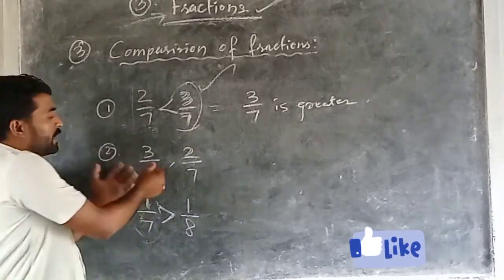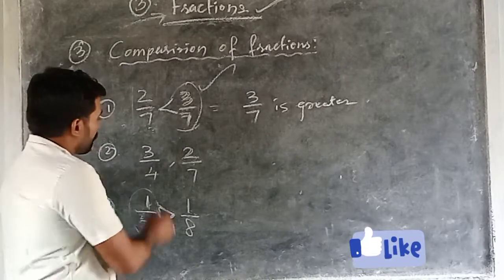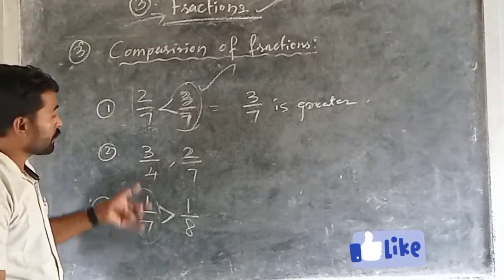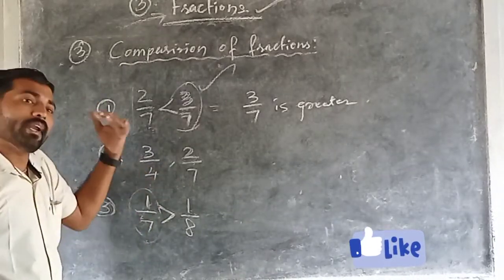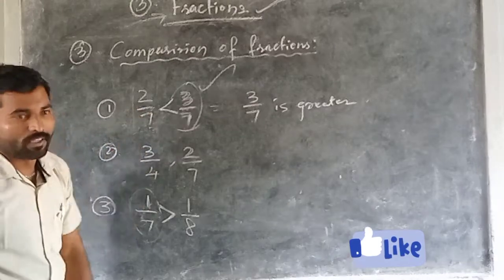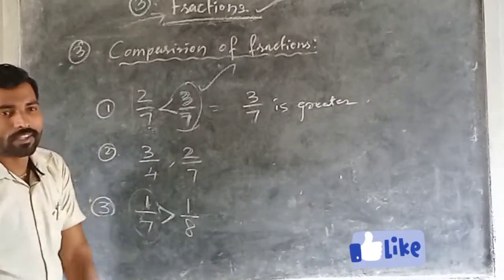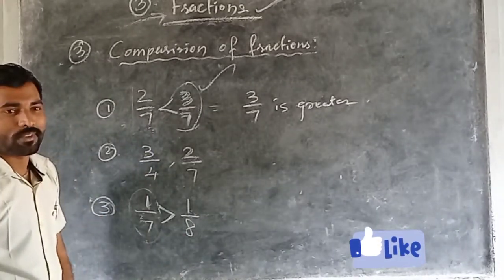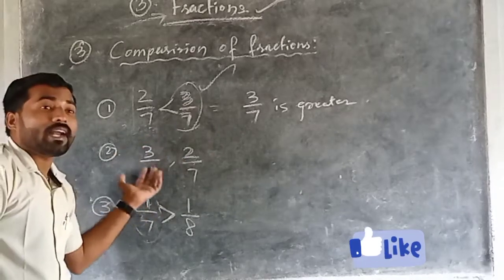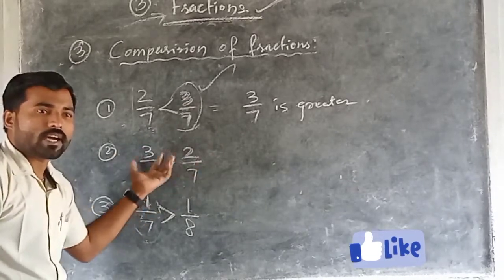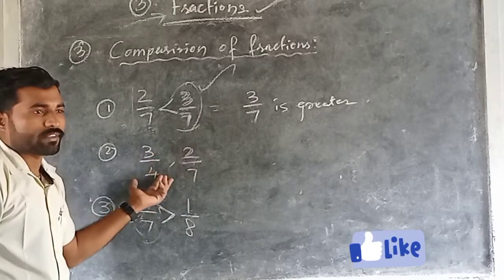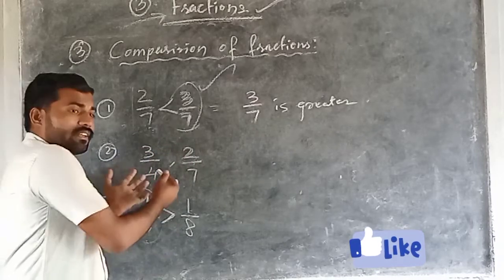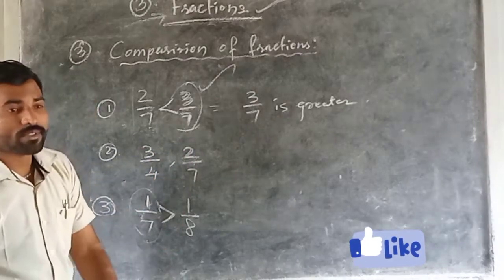Okay, so in this case, come in here. The numerators are not equal and the denominators are also not equal, because these are unlike fractions. Then which is the greatest one? How can you say?